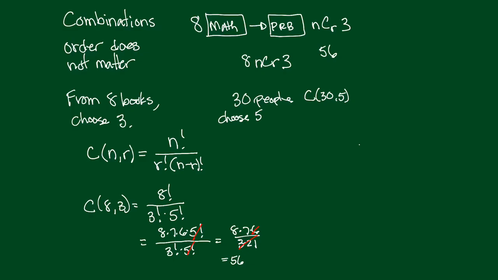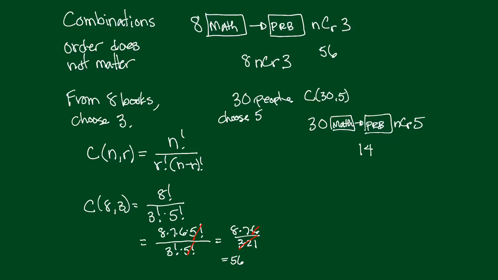In my calculator, I put in 30, press the math key, arrow over to PRB, select nCr, n choose r, then type 5 and press enter.